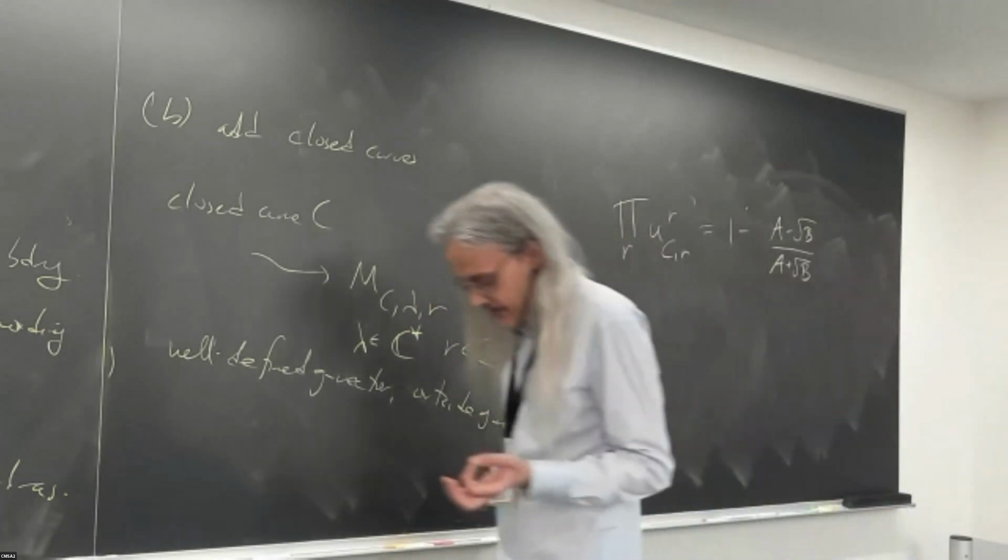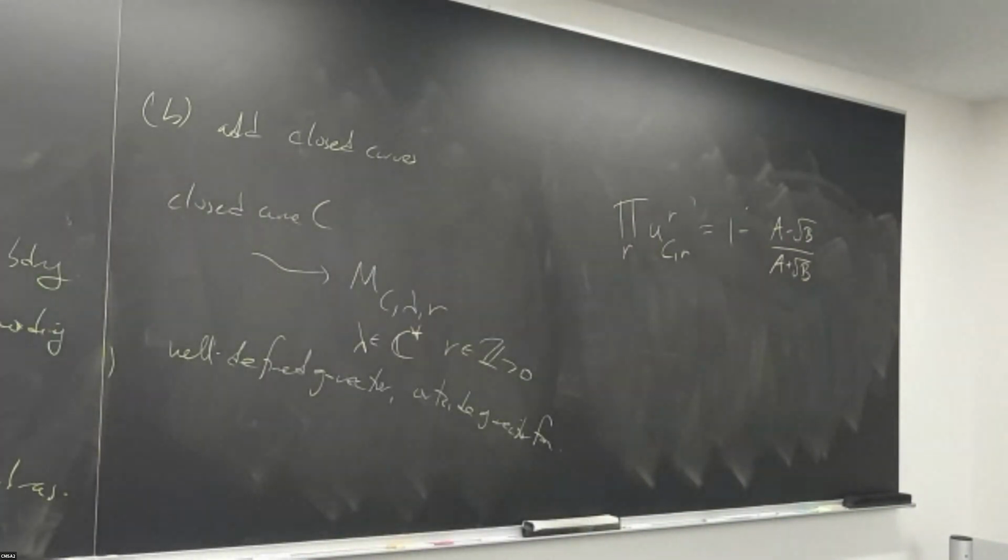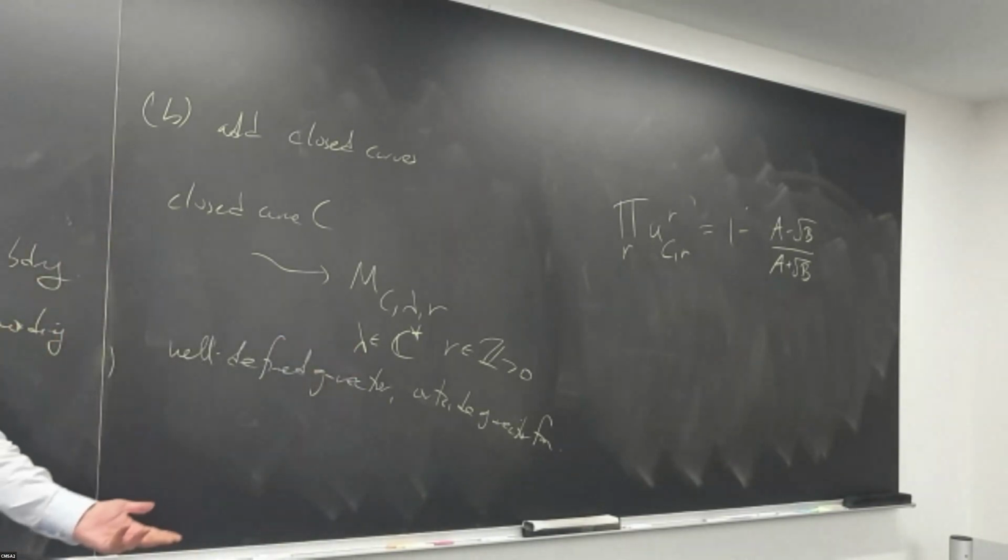I think the thing you say, if you want to sound smart, is you call it a local system on the curve. So it's a rank R thing attached to the curve. These indecomposables correspond to a single Jordan block. So there's a choice of an eigenvalue, which is the lambda, and there's a choice of an R, which is the size of the Jordan block.